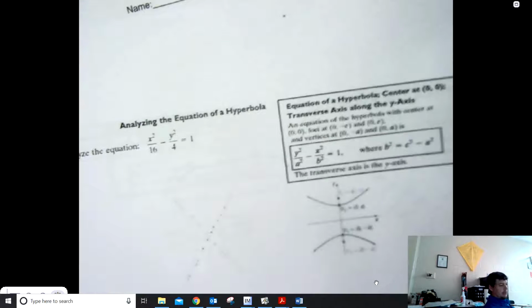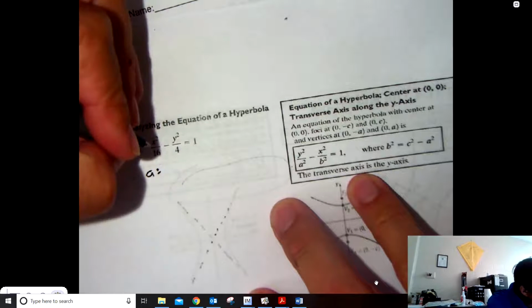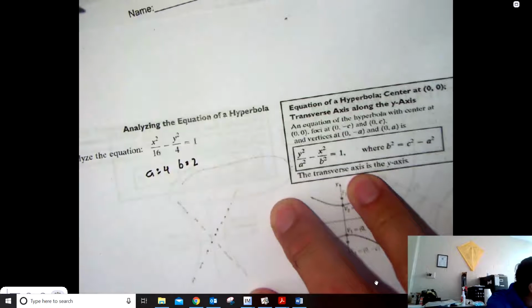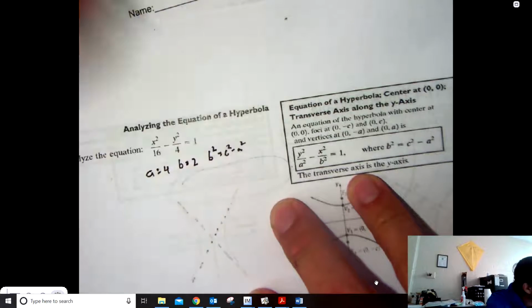All right, so one more. Then we'll move on to y-axis centering. So what's A? 4. What's B? 2. And B squared is C squared minus A squared.